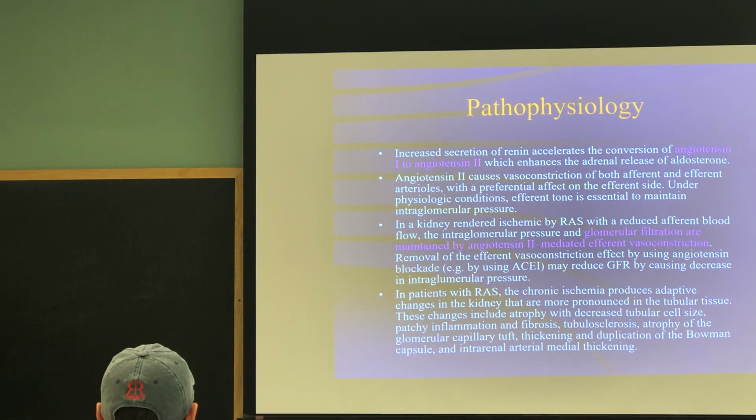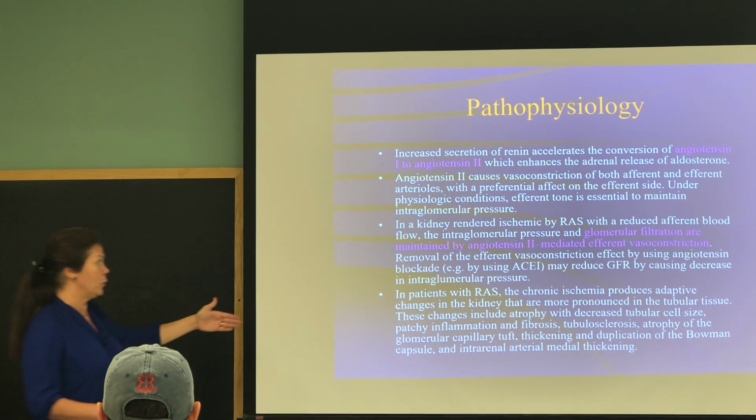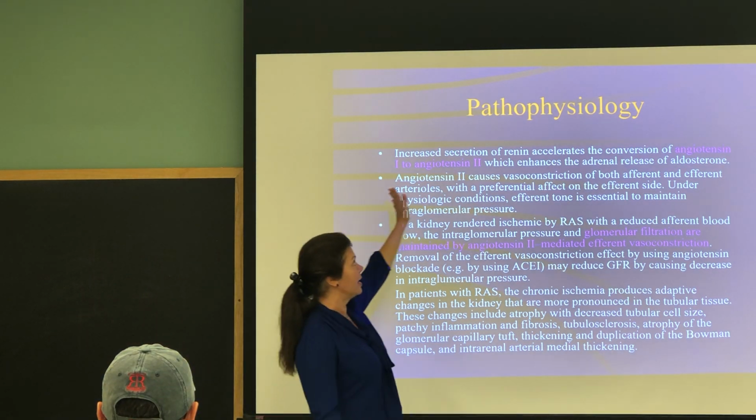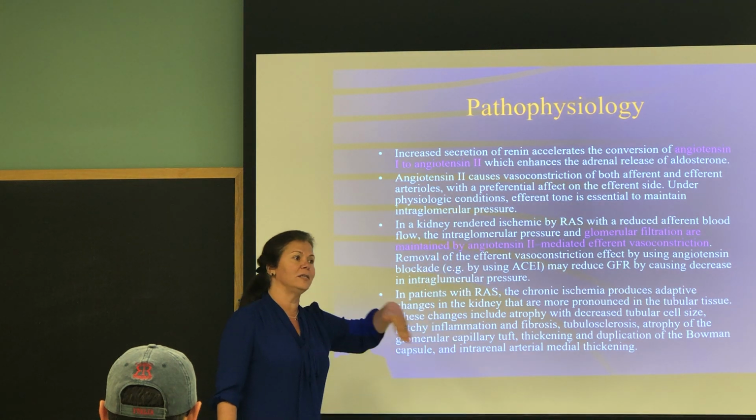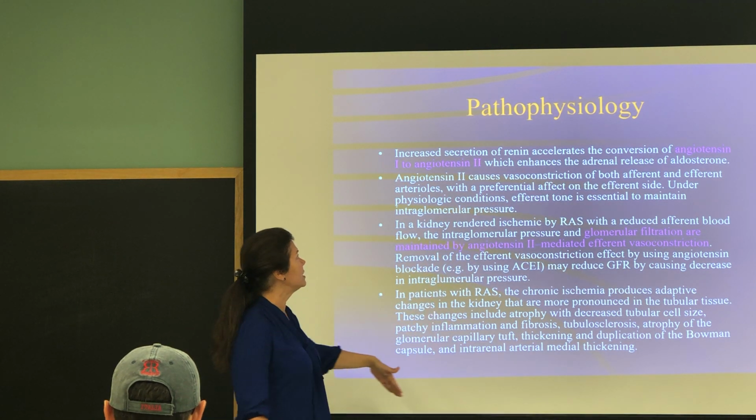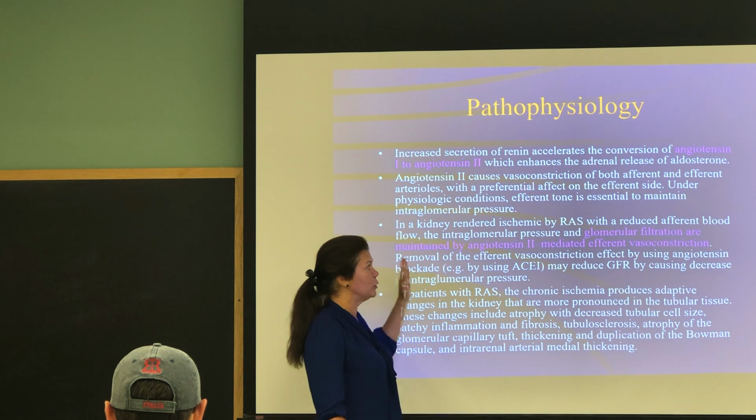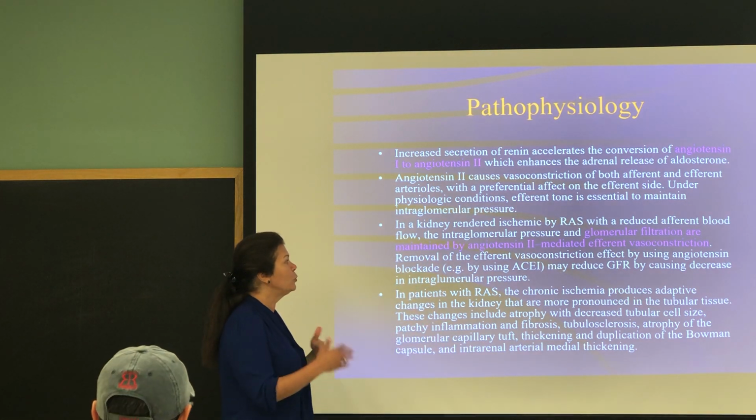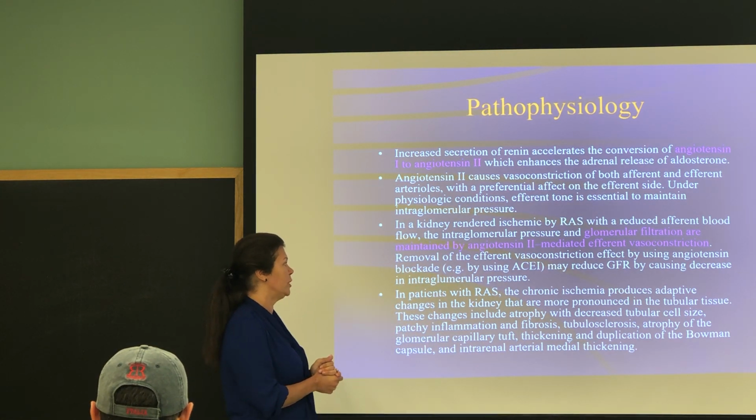You can read that on your own. Catecholamines are released, and the renin-angiotensin-aldosterone system is activated, and you know what aldosterone will produce: reabsorption of sodium and water, to be able to increase glomerular filtration rate.